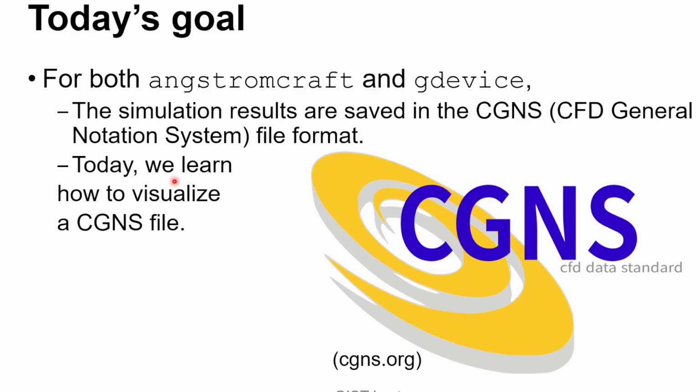For both Ångströmcraft and GDevice, the simulation results are saved in the CGNS file format, Computational Fluid Dynamics General Notation System. So today we will learn how to visualize a CGNS file containing physical solution.